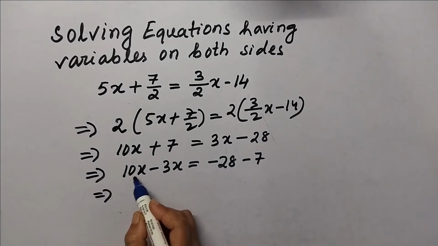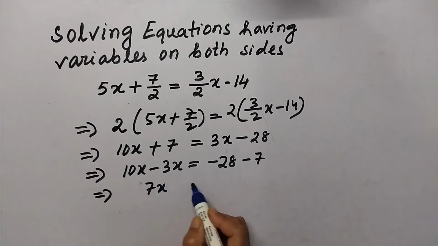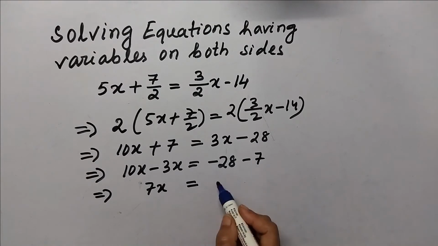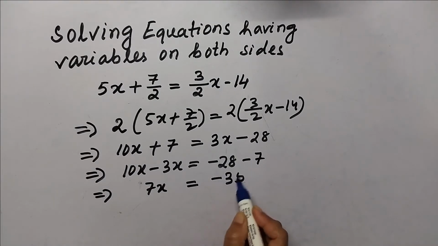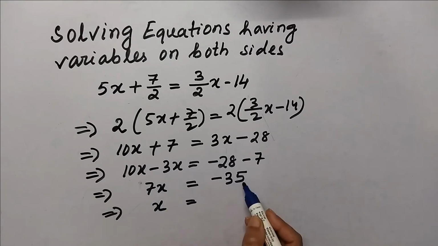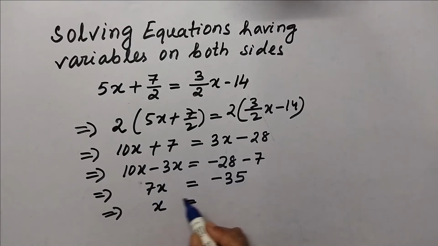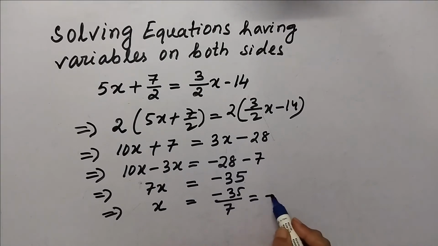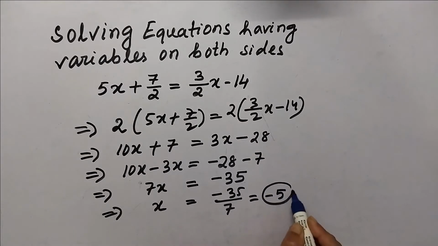So 10x minus 3x is 7x, equal to negative 28 minus 7, that is negative 35. 7x means we want only x, so when we bring 7 to this side, it becomes division. Negative 35 divided by 7 is negative 5. So negative 5 is the solution of this equation.